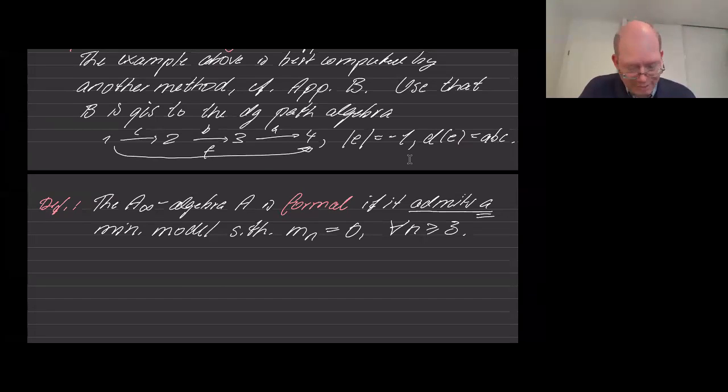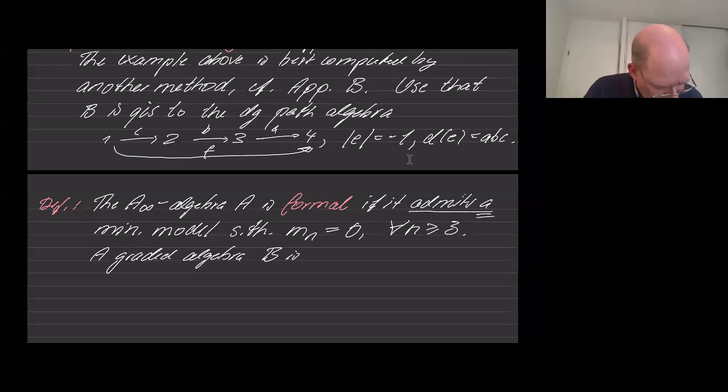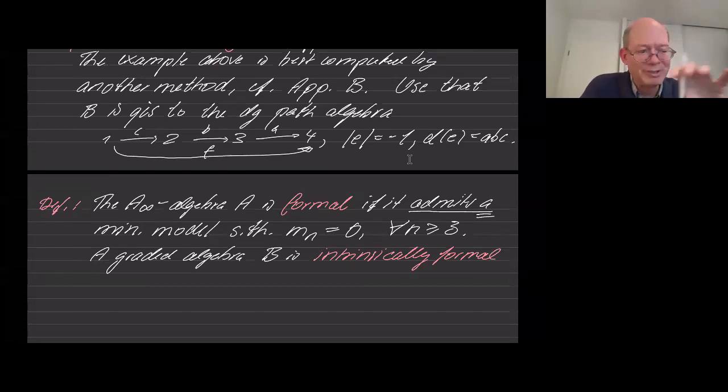Okay. And then we say that a graded algebra B is intrinsically formal if whenever we have an A-infinity algebra A whose homology is isomorphic to B as graded algebras, this A-infinity algebra is automatically formal. So just by looking at its homology, we can see that it is formal.